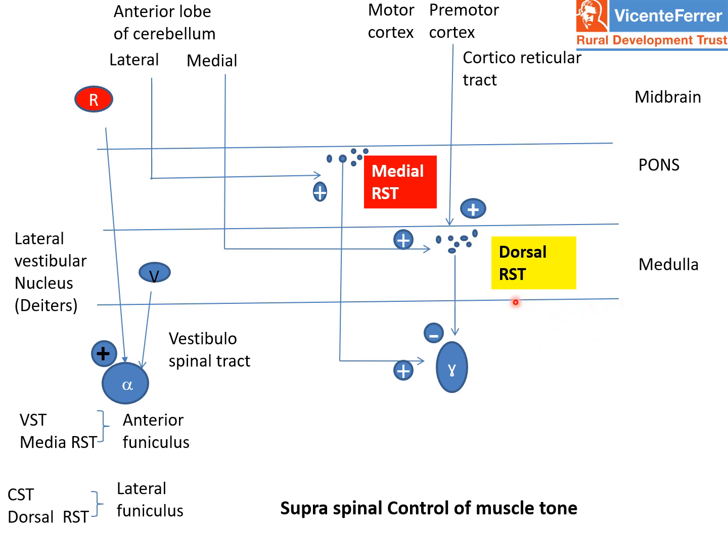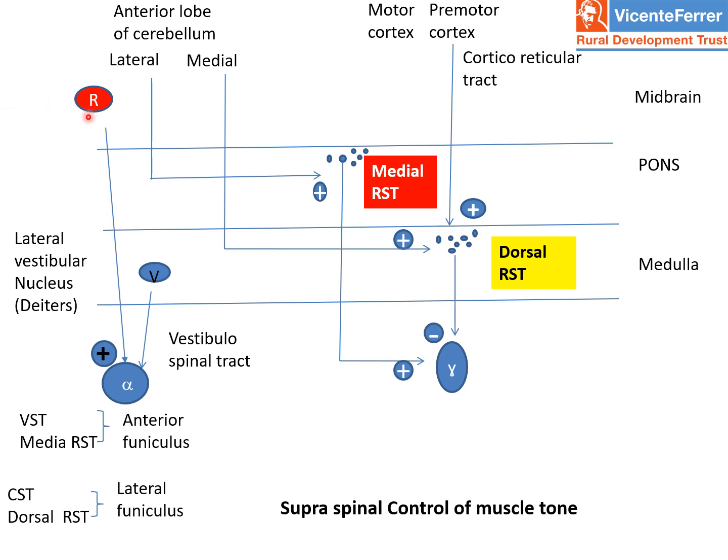As we have already discussed, this medial reticulospinal tract arising from the pons will have intrinsic stimulating activity over the gamma motor neurons, whereas the dorsal reticulospinal tract arising from the medulla will get a stimulatory effect from the corticoreticular tract, and in turn it will inhibit the gamma motor neurons.